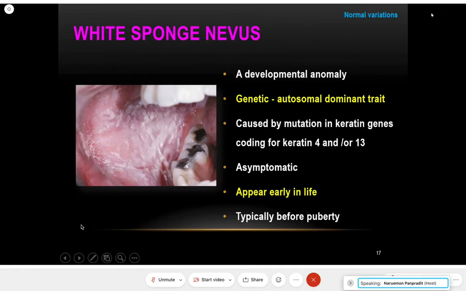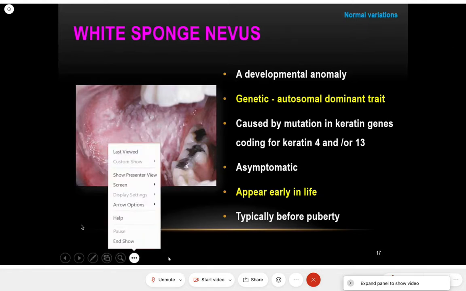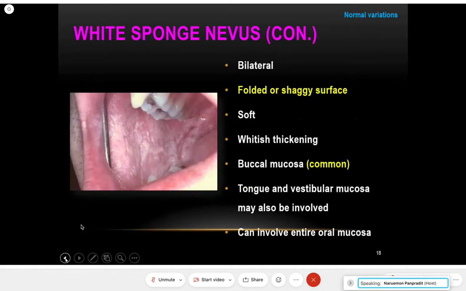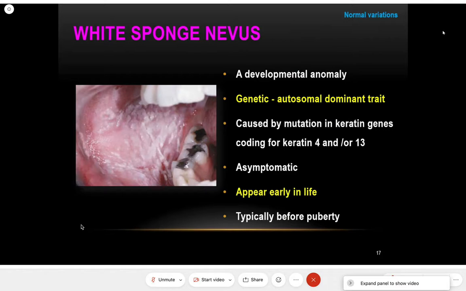Okay, for a lesion that can be wiped off, that means it does not come from the hyperkeratosis process, right?